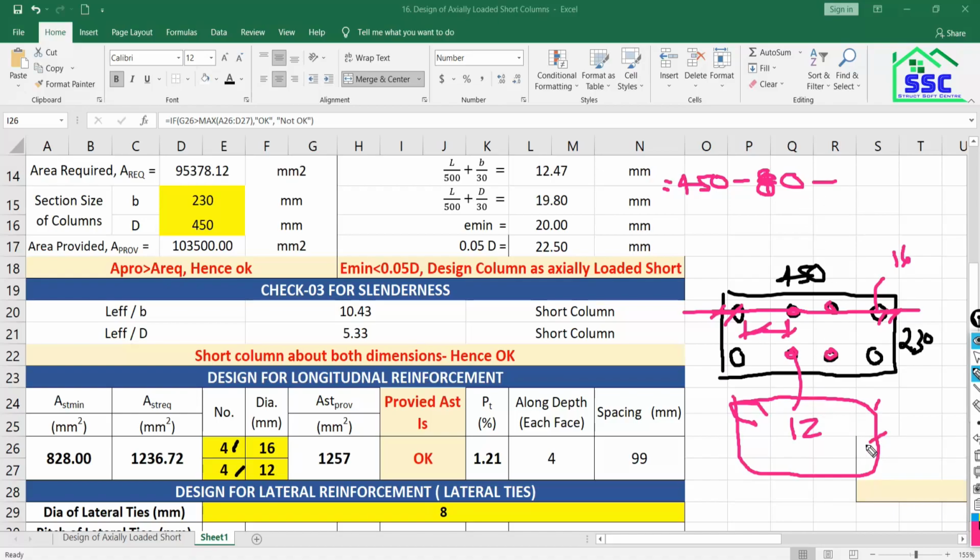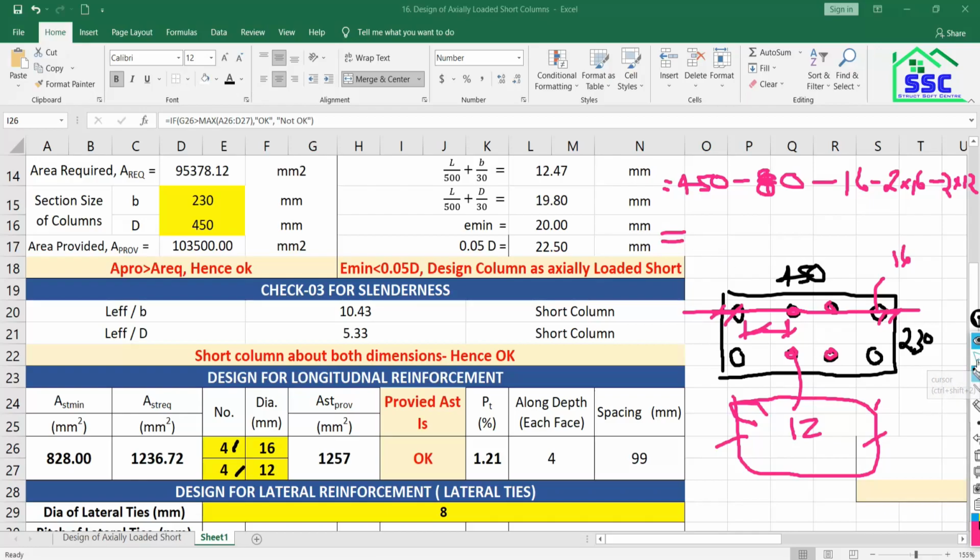So 8 plus 8 from this side and this side becomes 16. This is done. Now diameter of bar: 2 bars of 16 mm plus 2 bars of 12 mm. Just calculate this value, how much we are getting.